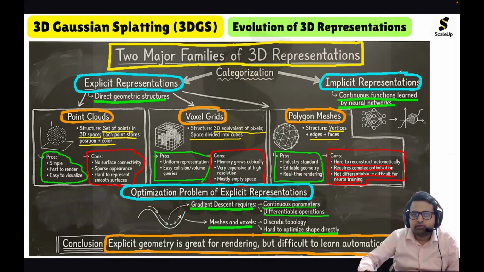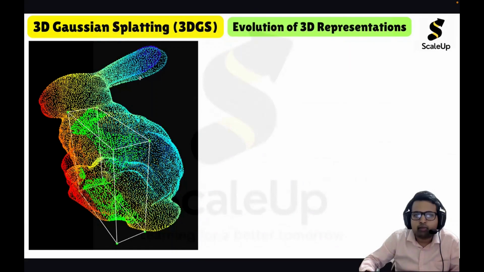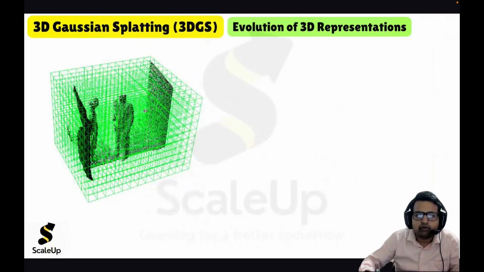So that's the problem. This is the point cloud. Point cloud looks like this. We generated a 3D scene. It is a 3D representation wherein we have points, and these points are not connected with each other: discrete points, disconnected points. This is the voxel grid.